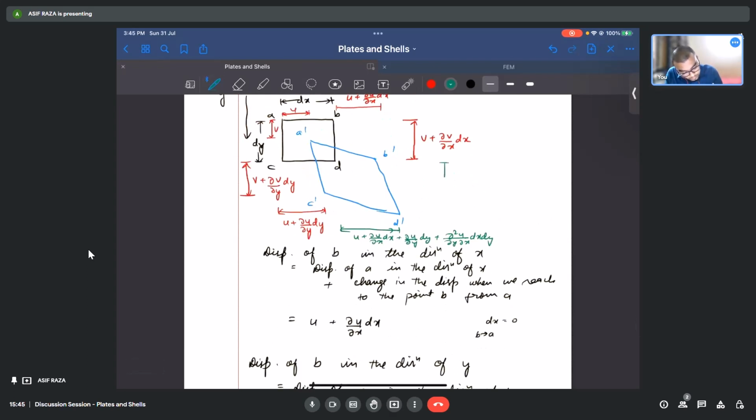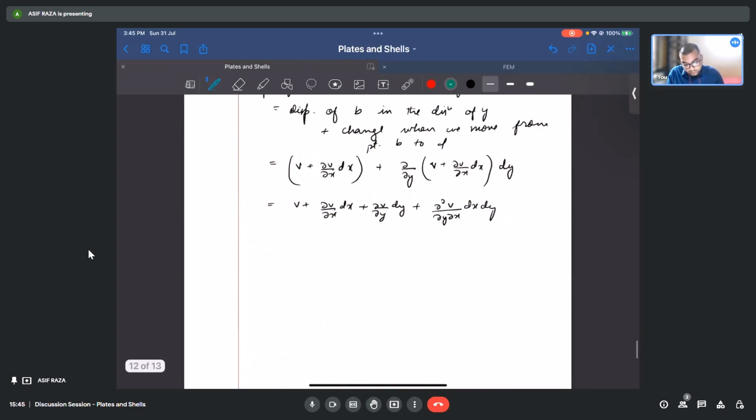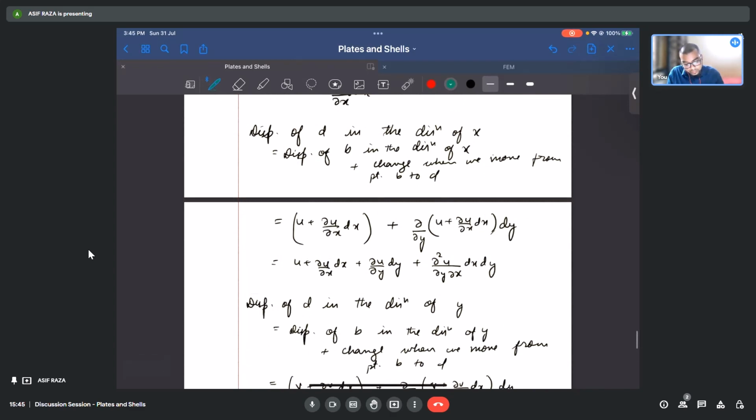Similarly, from D to D dash, it is v plus ∂v/∂x dx plus ∂v/∂y dy plus ∂²v/∂y∂x dx dy. This we solved when we move from B to D.